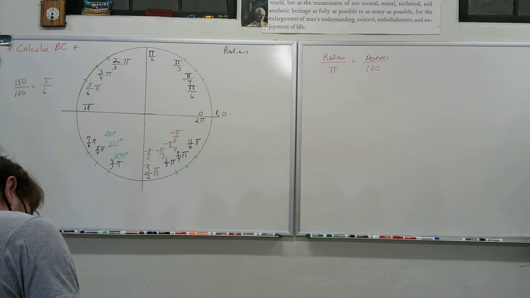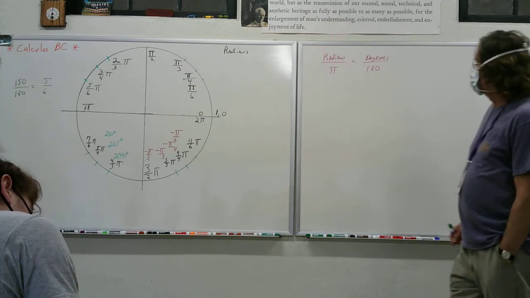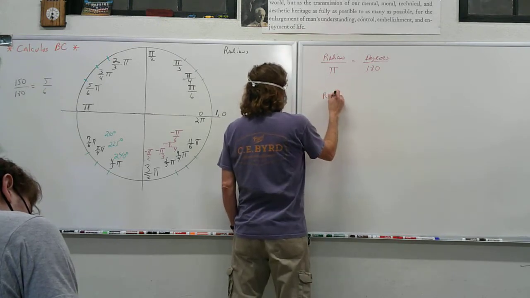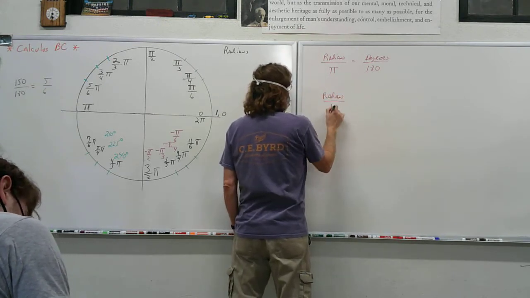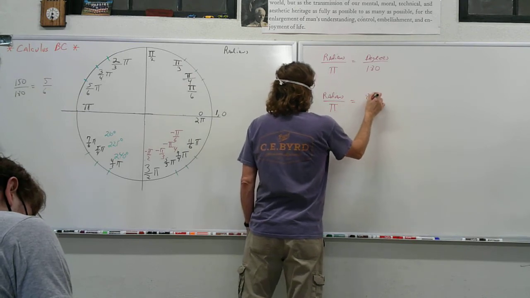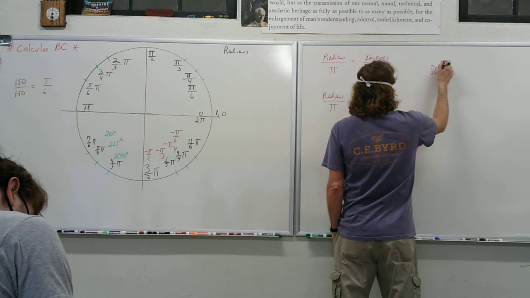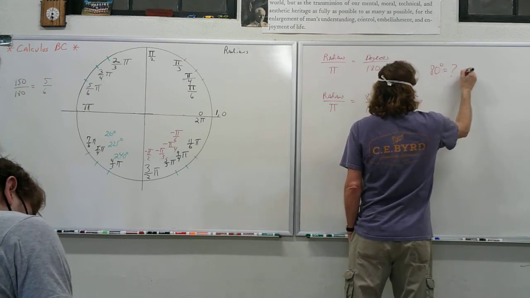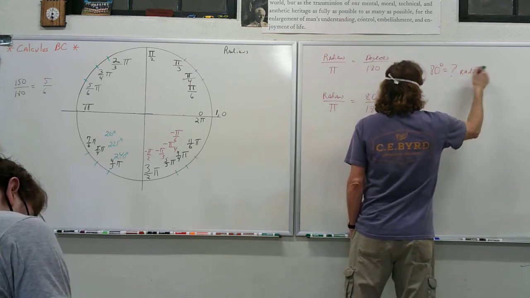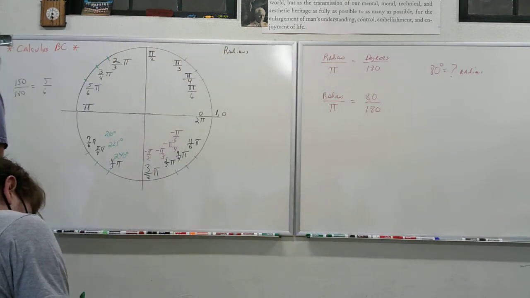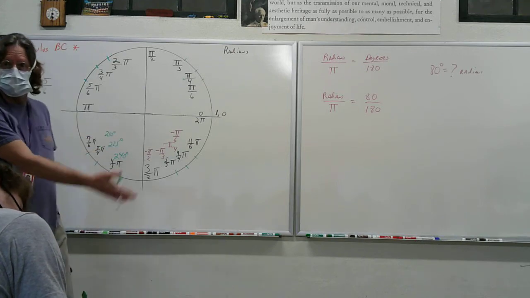I'm just going to pick something out. 80 degrees. Radians over pi equals 80 over 180. What I'm doing is I'm going to convert 80 degrees equals question radians. That's the first example today. How to convert degrees to radians. Which we've actually already done, right? Did we do that back here?